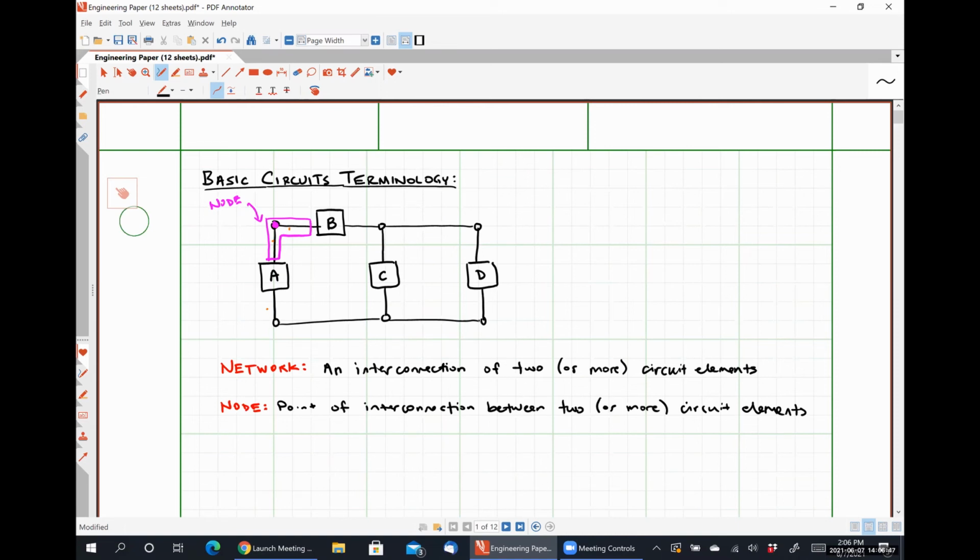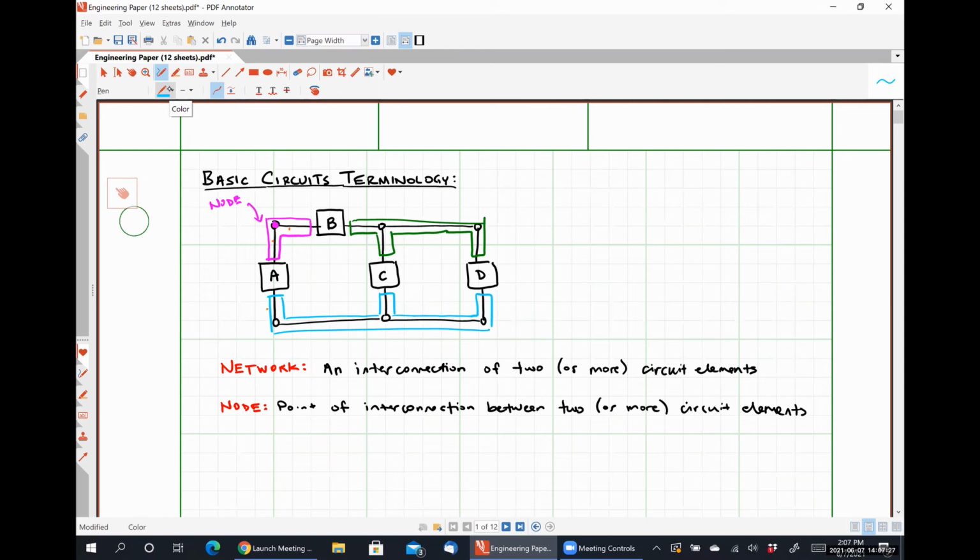So adding these two extra circuit elements have also added a couple of extra nodes. And we can see that we now have a 3-node system. Okay.